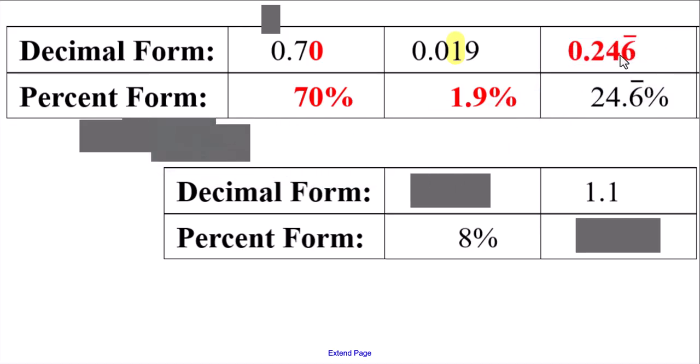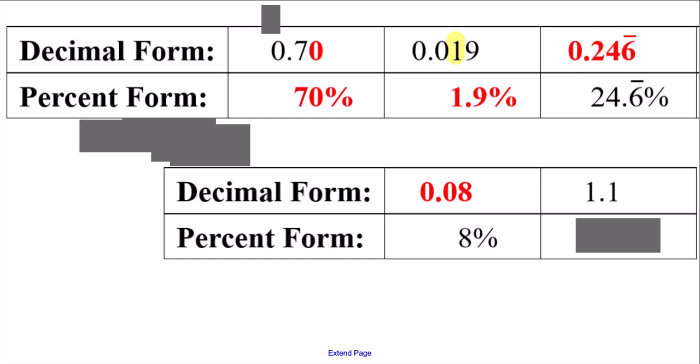So 0.24, the 6 is still repeating in its original decimal form. All right, next up, we're also going back to the original decimal form. 8% is not 0.8 because percent means out of 100. So it's 8 hundredths. It needs to be 0.08.